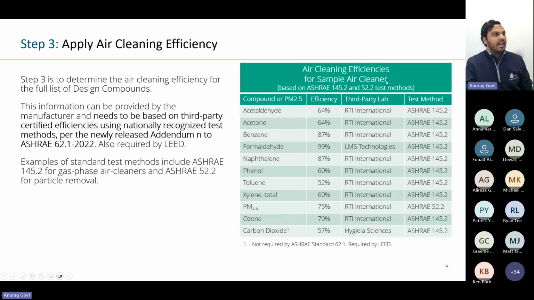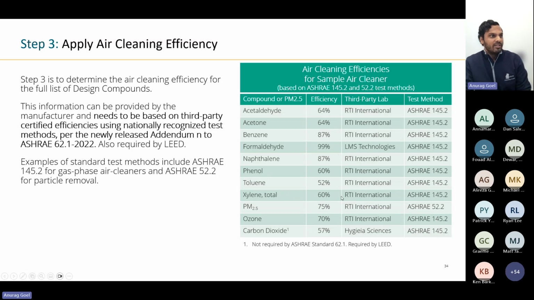Step 3 is making sure we understand how effective an air cleaning device may be against those different contaminants identified in step 1. This is an example table on the right showing, for different contaminants, the efficiency of an air cleaning device against those contaminants. These air cleaning efficiencies are measured by a third party using the test method outlined in Standard 145.2.